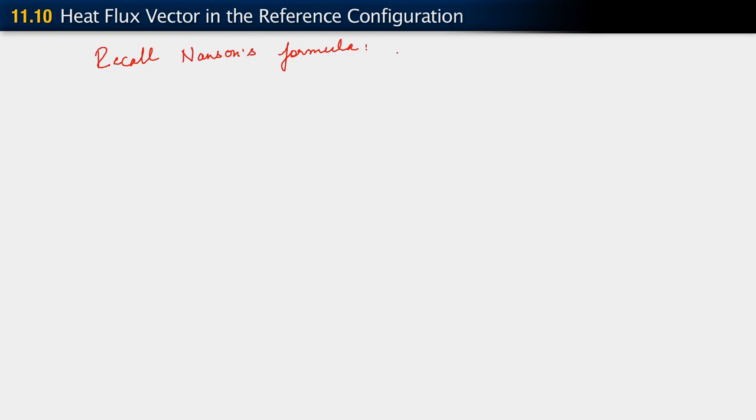Okay, and Nanson's formula is little n dA equals J, the determinant of the deformation gradient, F inverse transpose capital N dA. All right. Okay. When we have this, now we can go back, and it's just a single step that we need to complete.